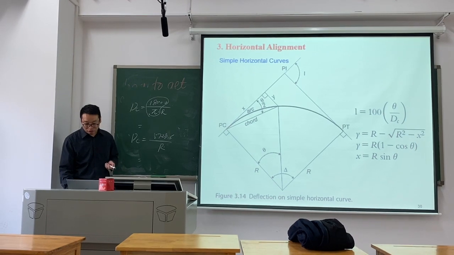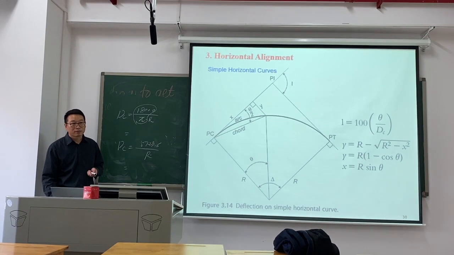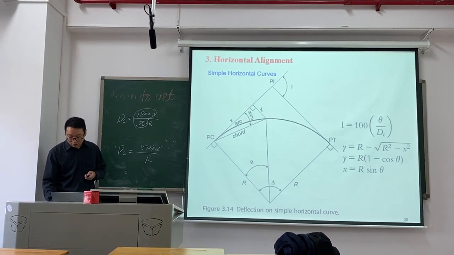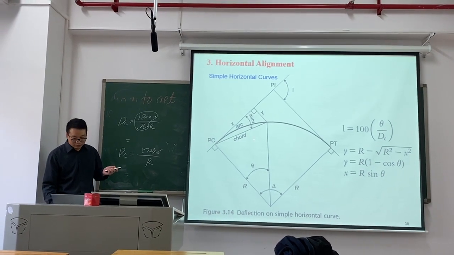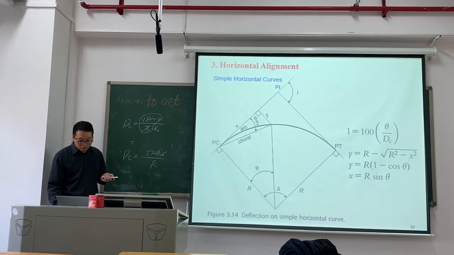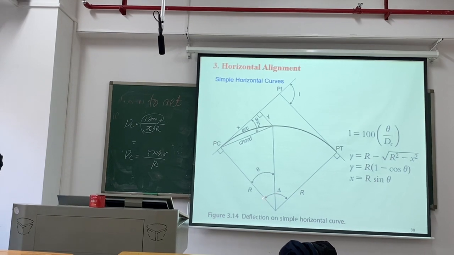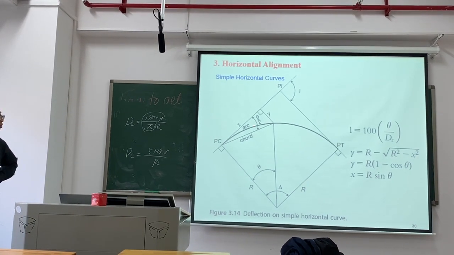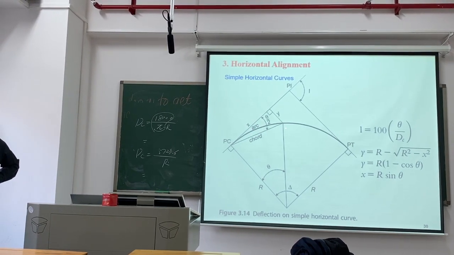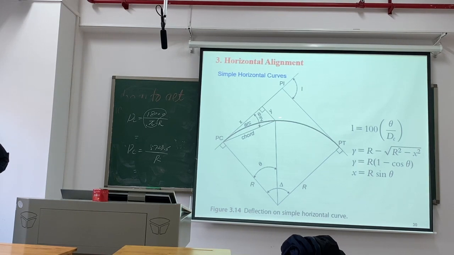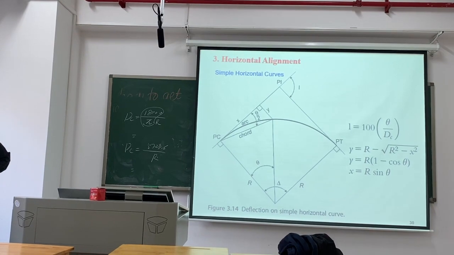The process is useful because it allows the curve to be developed incrementally with the chord, without locating the center of the curve. So we can know any point on the curve.